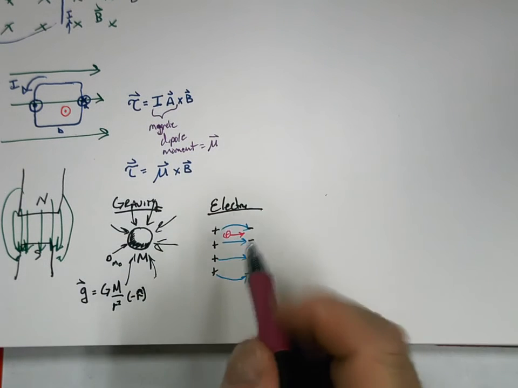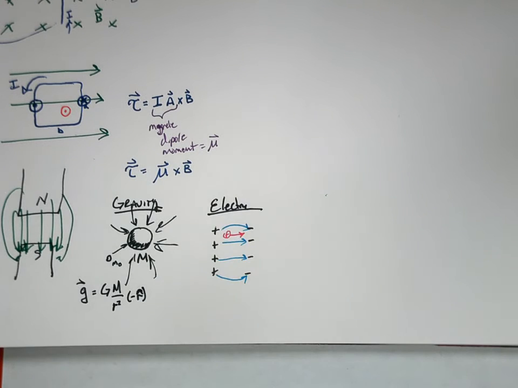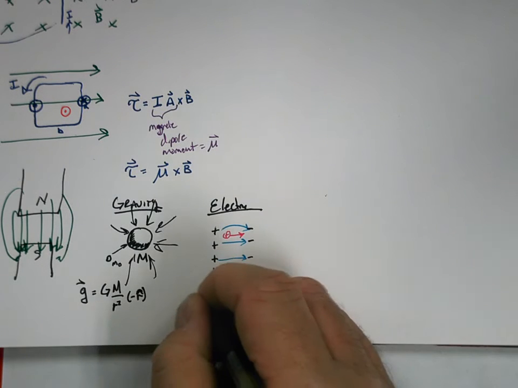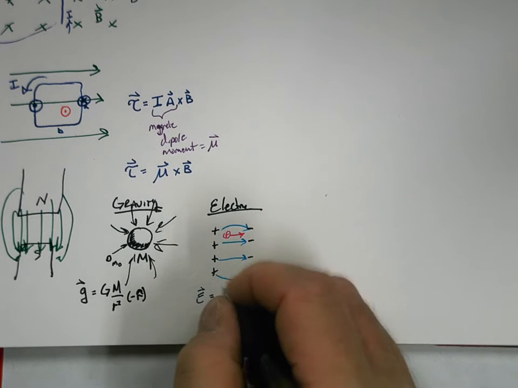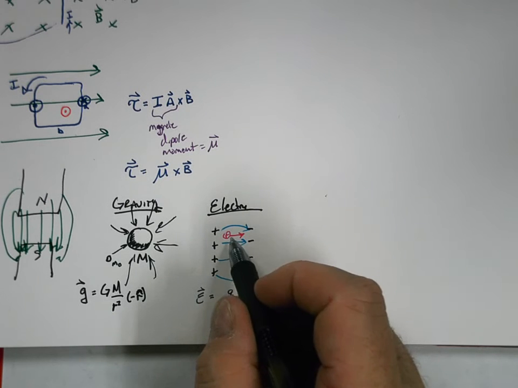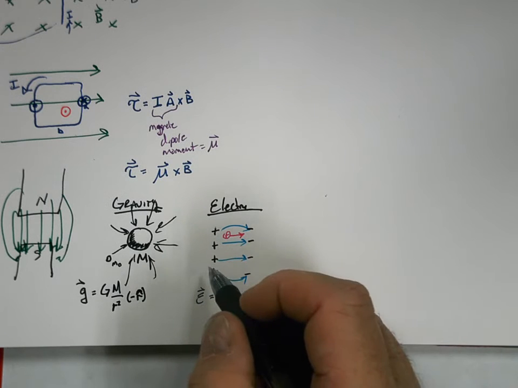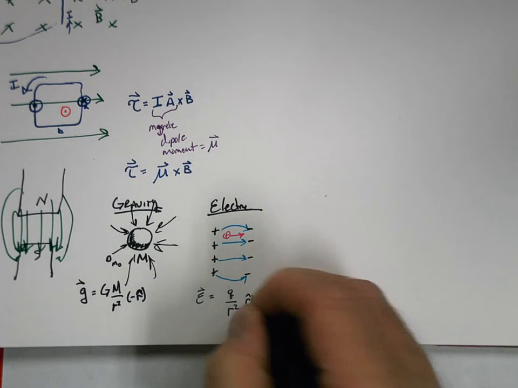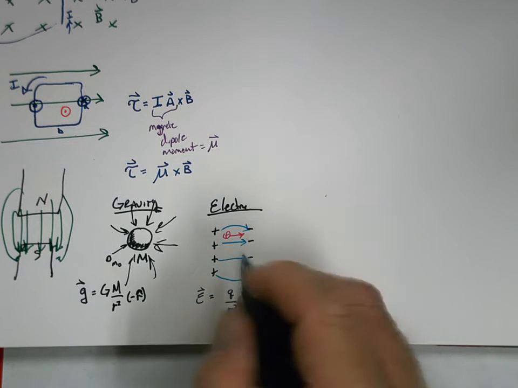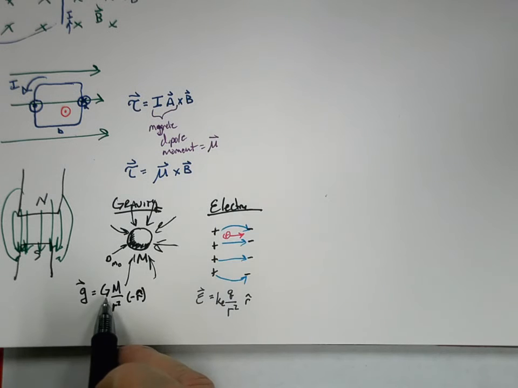The force that it experiences based on its position is E, which equals Q over r squared, so it's proportional to the charge on this particle and the distance away from the positive charges, times r hat, because it's away from the positive charges, but it also has a constant of proportionality, just like the gravity one had a constant of proportionality g.